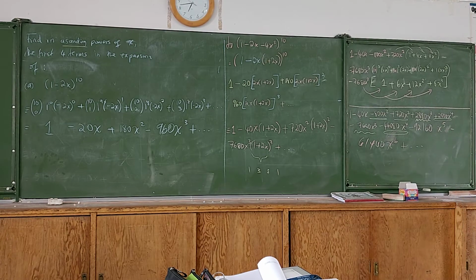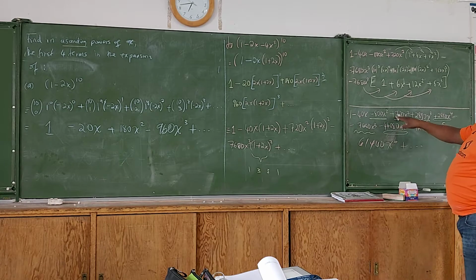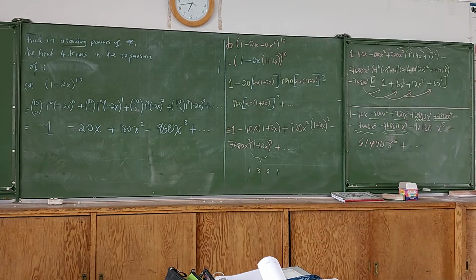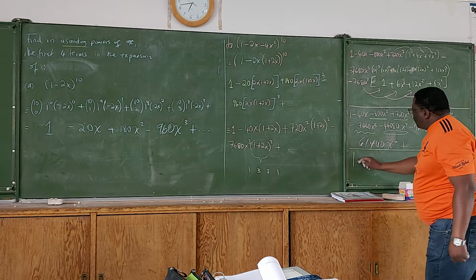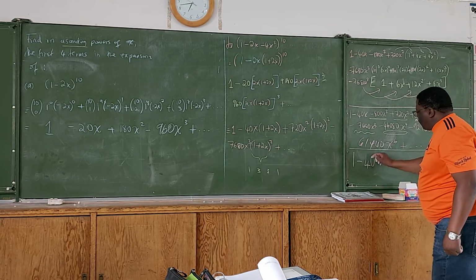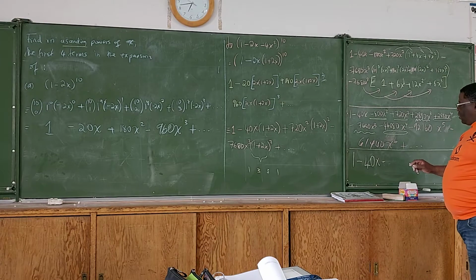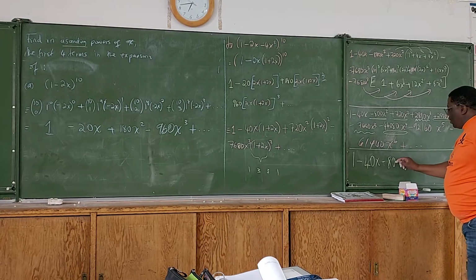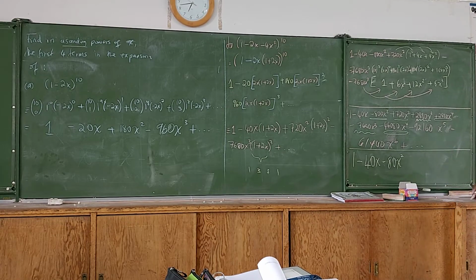I think the other terms were unnecessary. But we'll see. So 8 for me, minus 800 plus 720. What is it? Negative 80. Good. Negative 80x. That's already 3 terms.